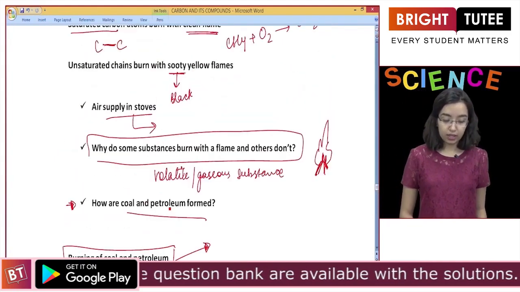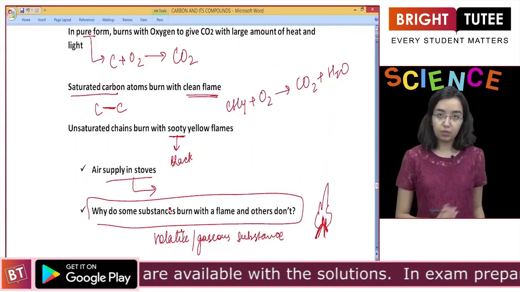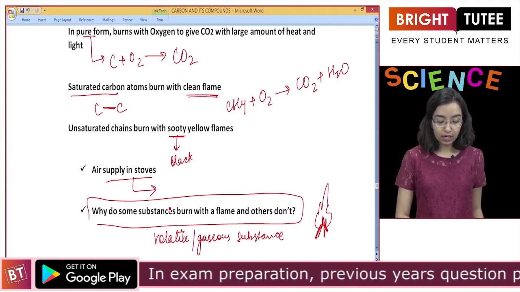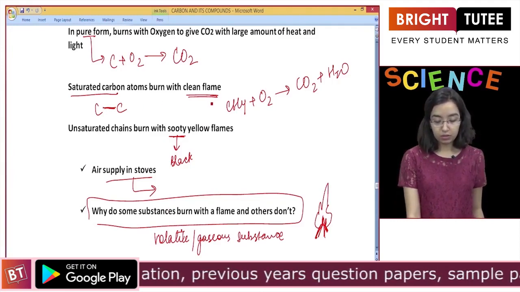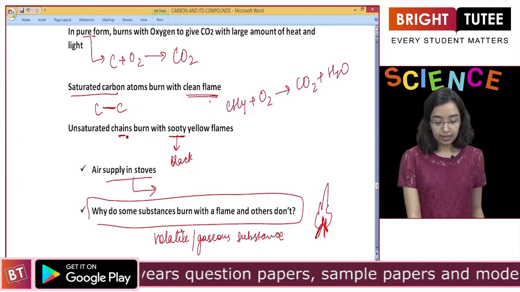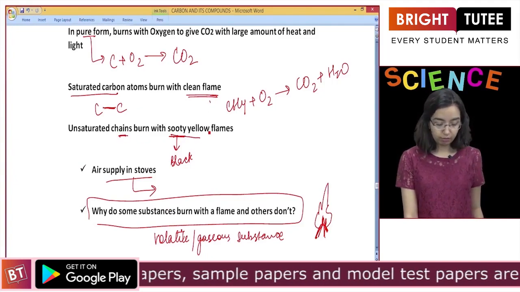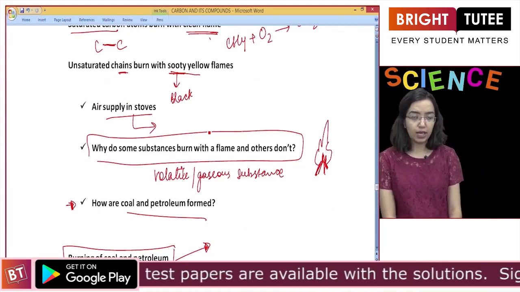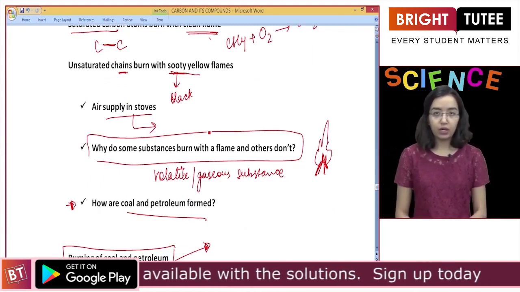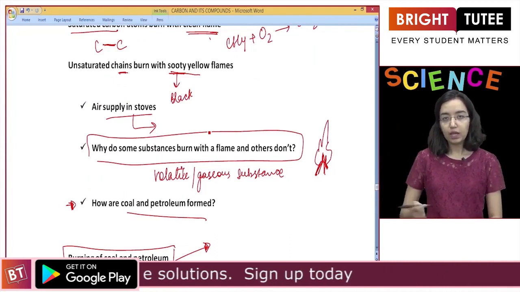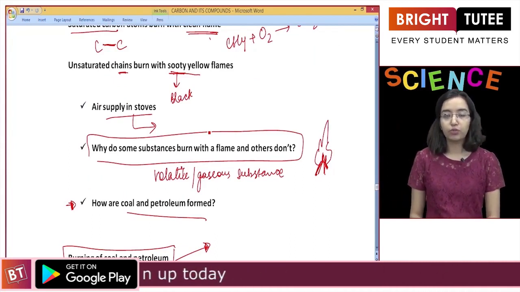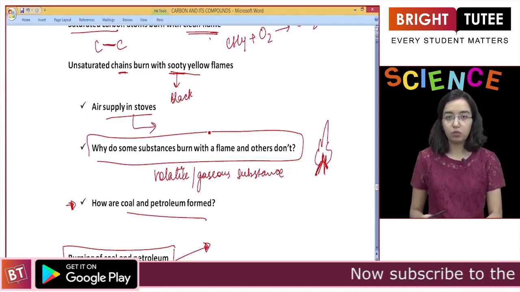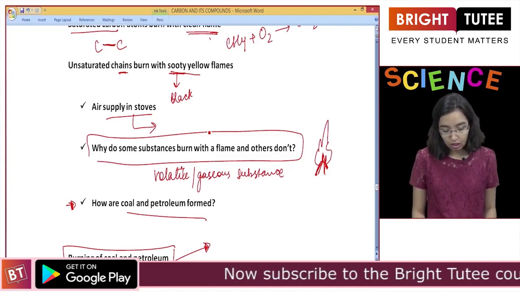Right? So in combustion, we have studied that pure carbon burns with oxygen simply to form carbon dioxide. If it is saturated carbon, it burns with a clean flame. If it is unsaturated carbon, it burns with a sooty yellow flame. Sometimes when the air supply is inadequate, we need to clean the air holes in the stove just to make sure proper air is coming in, and that the process of burning can be carried out without any sooty flame.